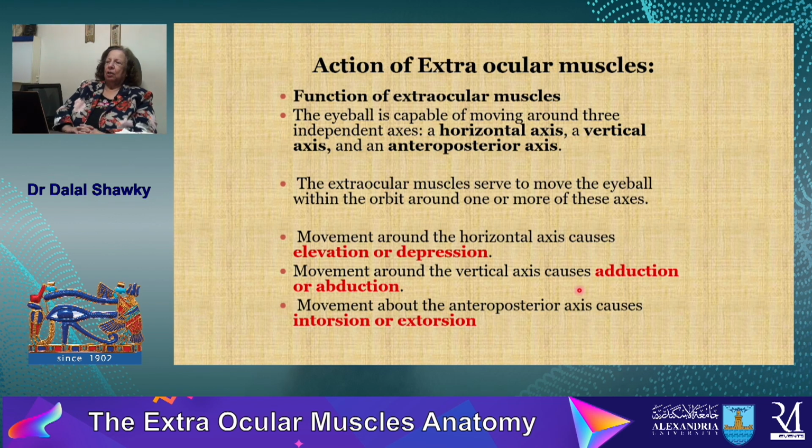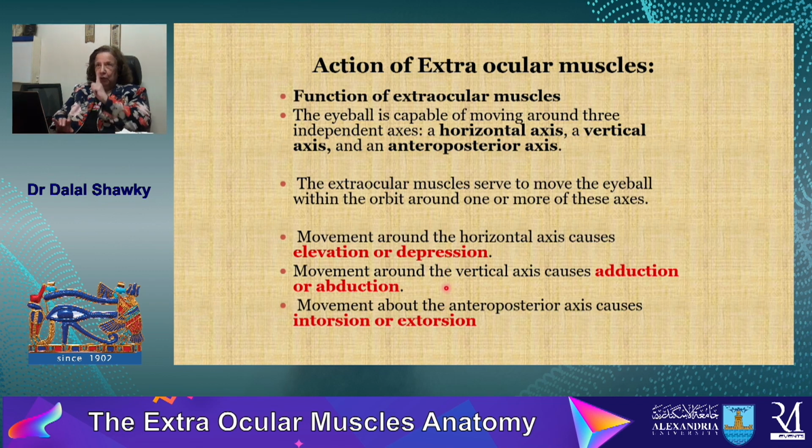The action of the extraocular muscles. The function of the extraocular muscles is monitored around three axes: the horizontal axis, the vertical axis, and the anteroposterior axis. Movement around the horizontal axis causes elevation or depression.